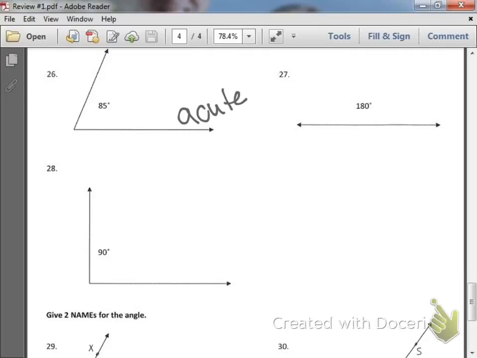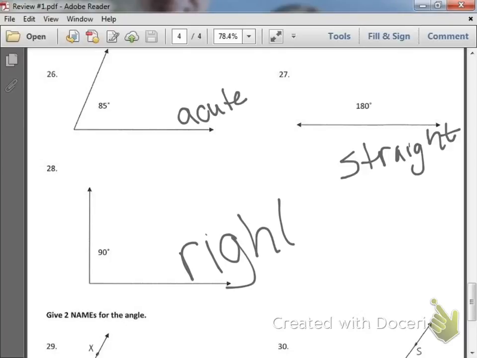Number 27 is 180, so it's straight, good. And then 28? Right, good. Questions?